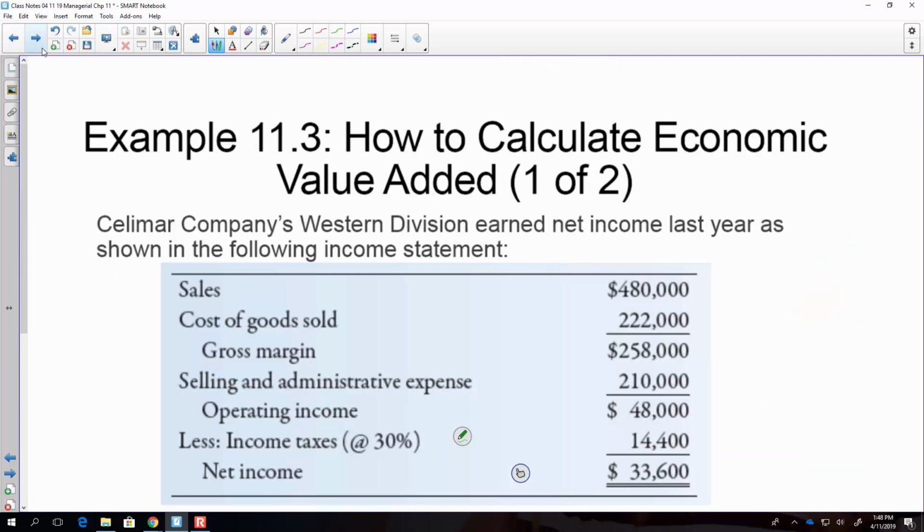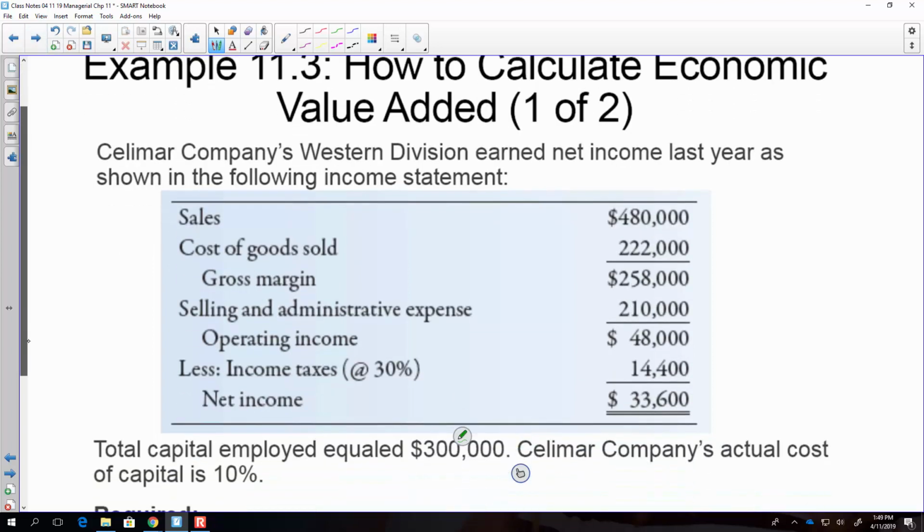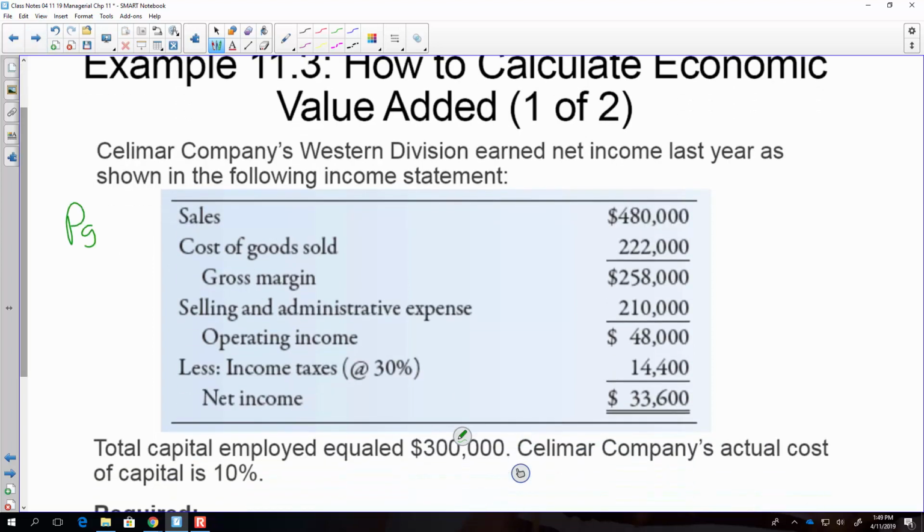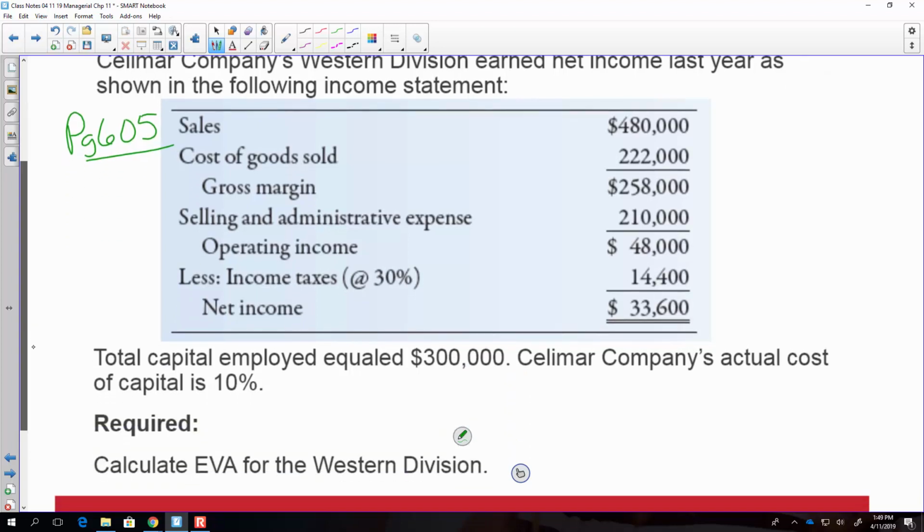The exercise or example for this computation is example 3 on page 605 of our book. They're looking at income after taxes, which is this 33,600. If we were doing residual income, we would be looking at the 48 number.